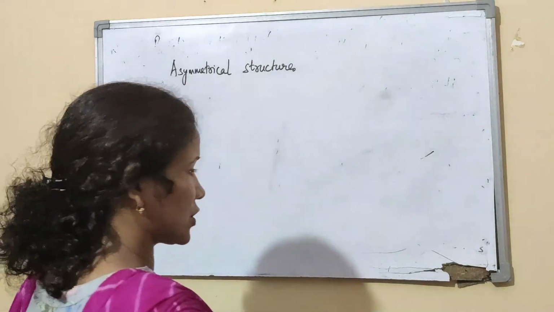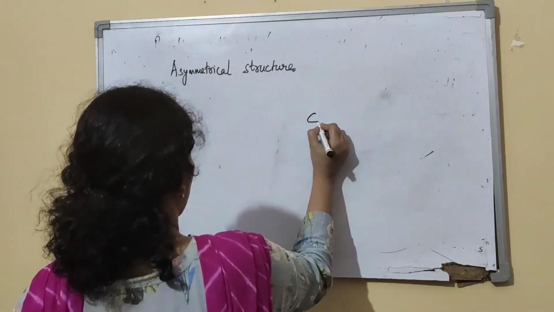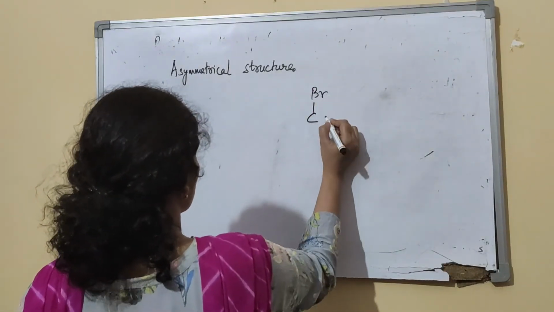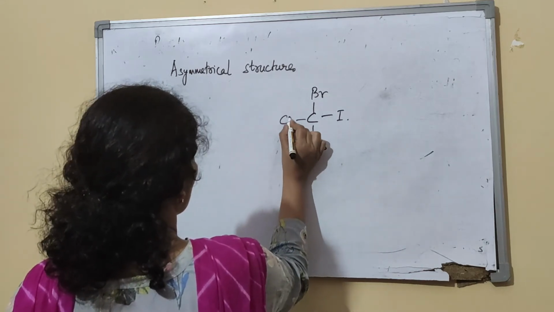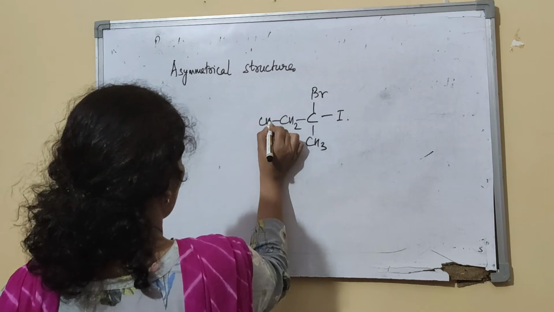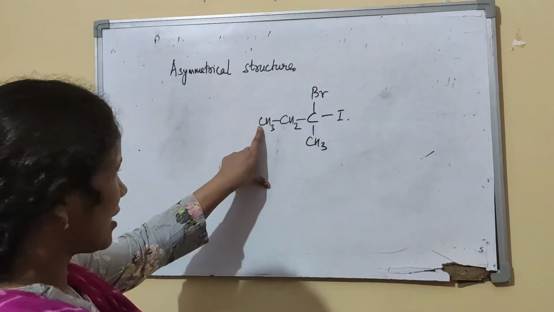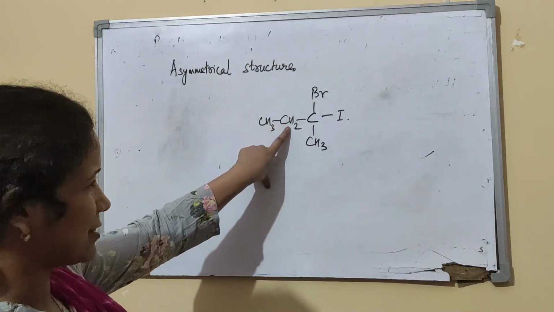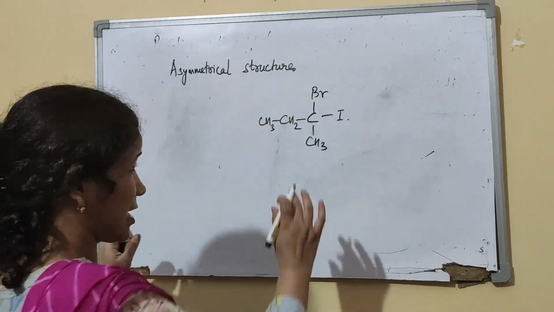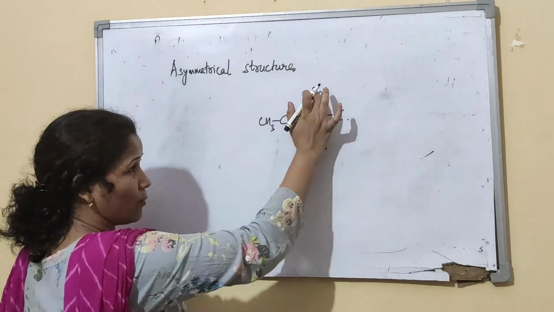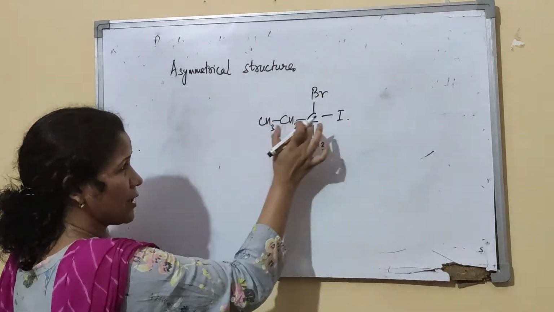We will have a structure like this, say carbon attached to bromine, one side methyl, one side ethyl. This carbon has 3 hydrogens, one side this. This carbon has 2 hydrogens, one side this, one side this. This carbon has 1 bromine, 1 methyl, 1 iodide, 1 this.